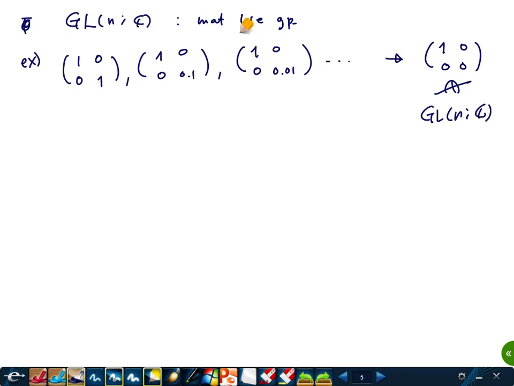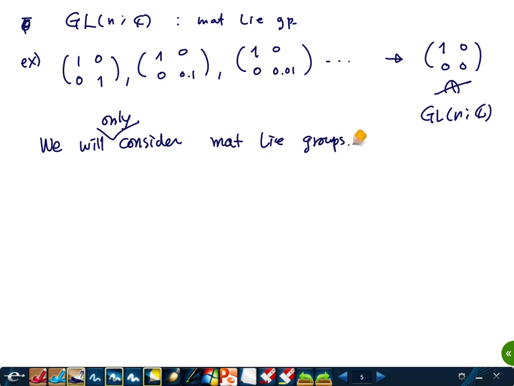As the name suggests, it turns out that matrix Lie groups are Lie groups, although I haven't really given you the precise definition of a Lie group. It's a proper subset, unfortunately. But it's interesting enough, so we will only consider matrix Lie groups, so that we don't have to worry too much about the geometry or smoothness.